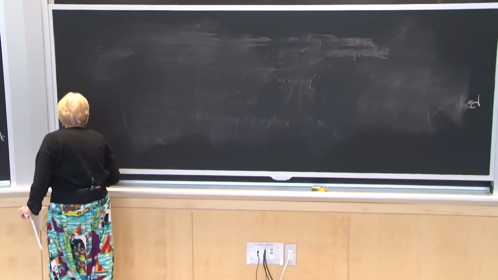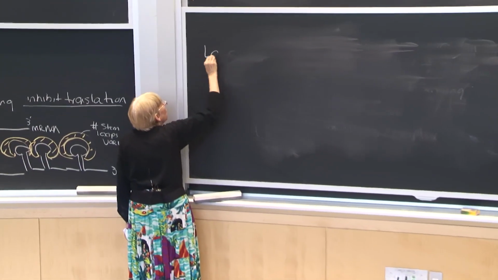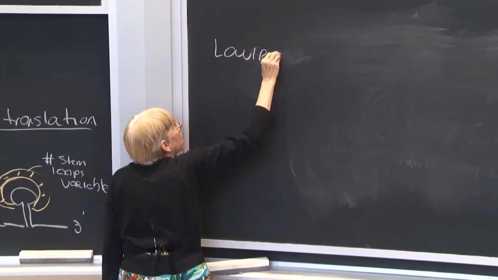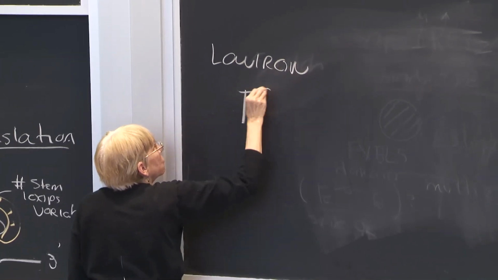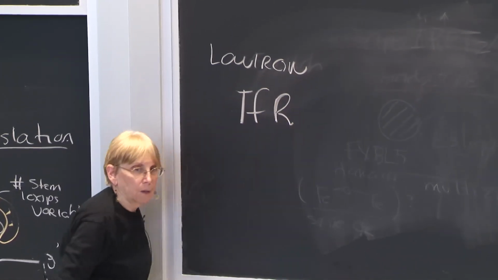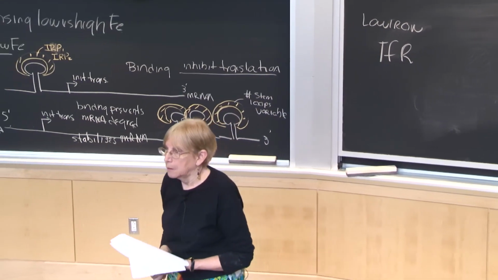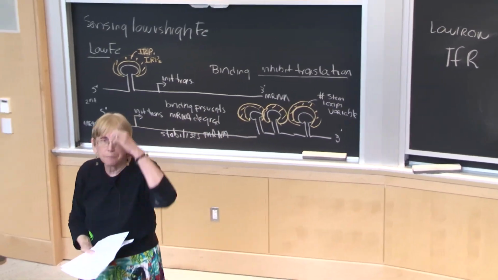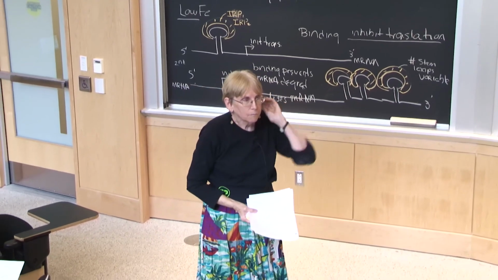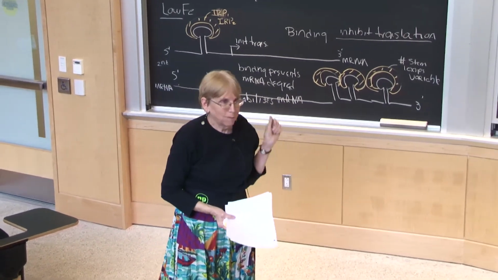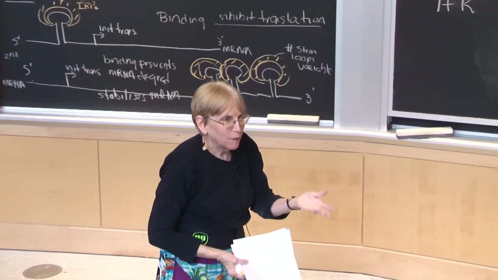So this is another example, low iron. Let's look at the transferrin receptor. Okay, what does the transferrin receptor do? Hopefully you know this.